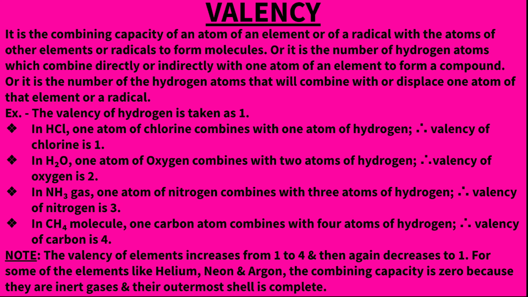It has 8 electrons in its outermost shell. Therefore, it cannot combine with other elements or atoms to form a compound or a molecule. So they are inert gases and their combining capacity is 0.